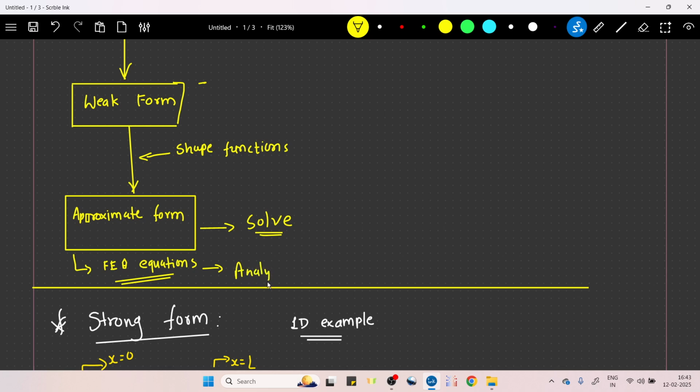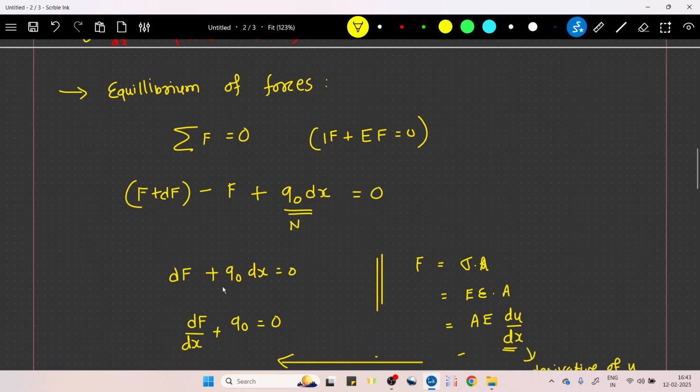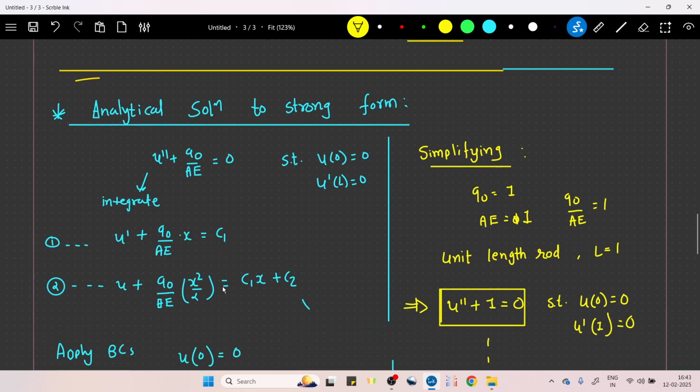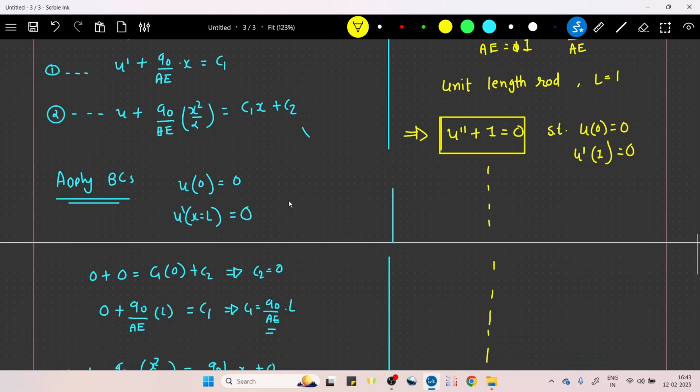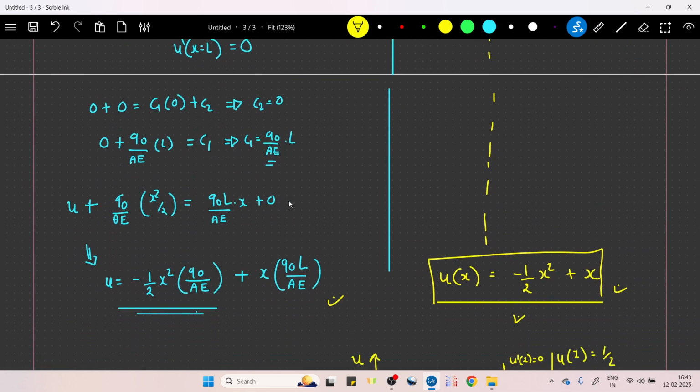That is the reason we have tried to get the analytical solution, and you can remember this, or in future just take the reference of this analytical solution.